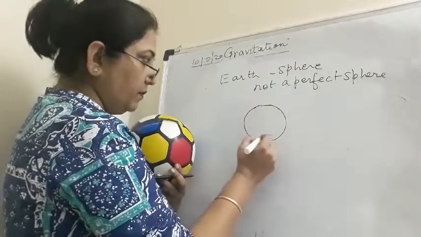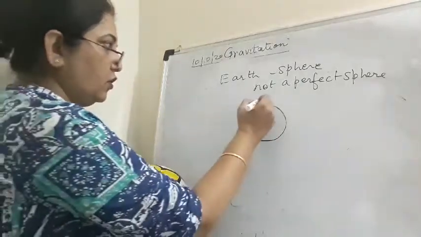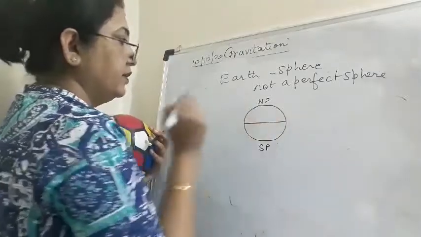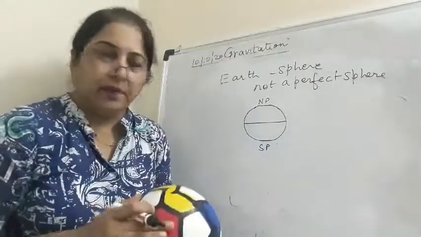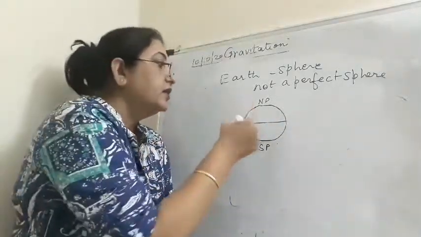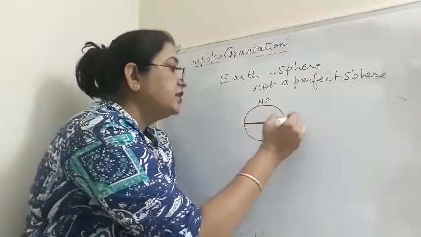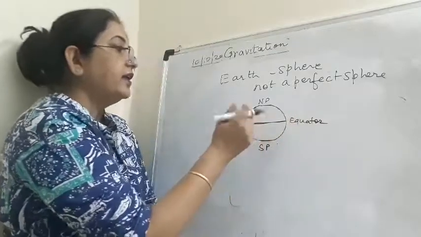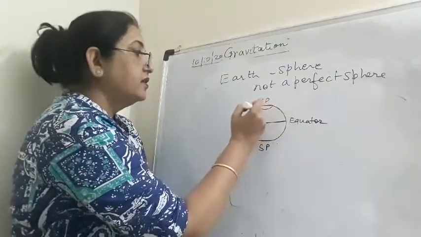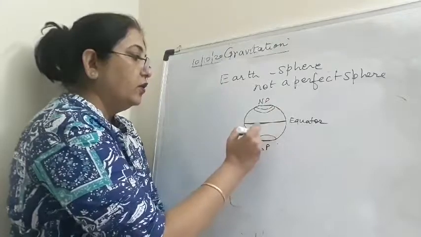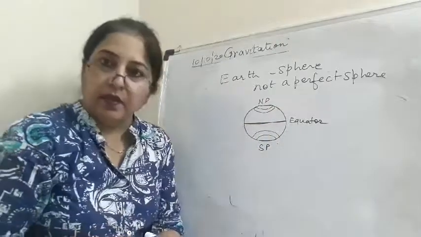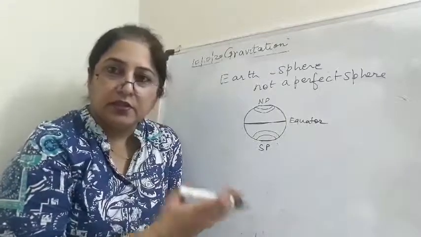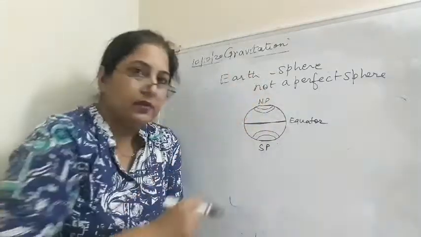This is north, this is south pole, and this is the equator. So children, when you compare the radius of the earth at the equator, and when you compare the radius at the pole, don't you think there is a difference? Yes. So therefore, the radius of the earth keeps on changing from equator to the poles.